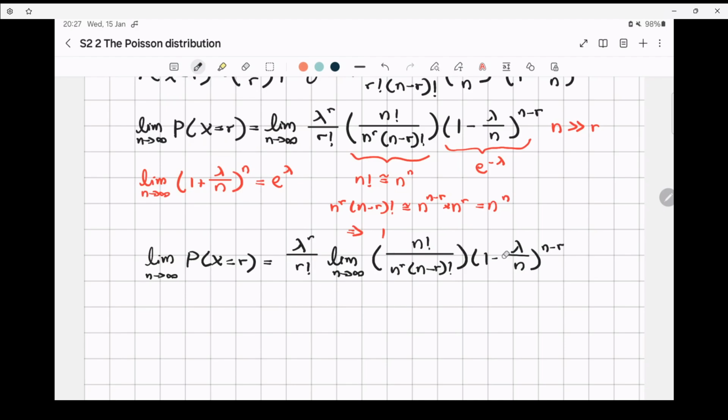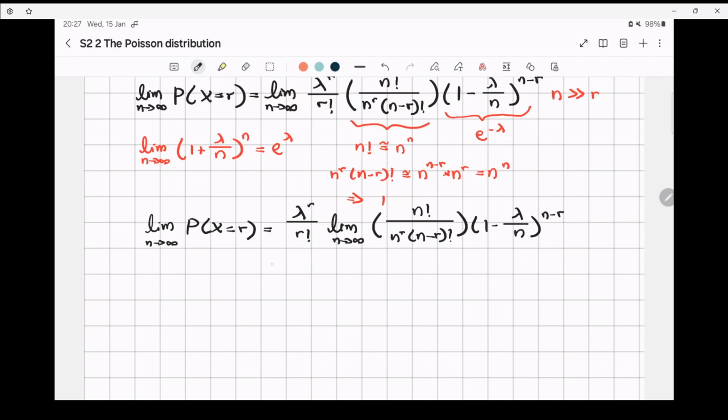So if you wonder why n factorial is very close to n to the power of n, you just think of it this way. n factorial is equal to n times n minus 1 all the way until 1. So basically you multiply n more or less n times. That's why it is approximately equal to n to the power of n.